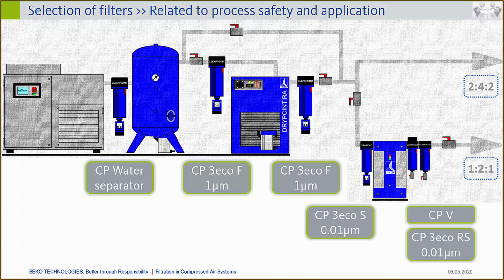That means the water vapor can easily be condensed inside the fridge dryer. But the time to transfer oil vapor into oil condensate, or let's say into liquid oil, is far longer than the time which is required for water vapor into water condensate. So that's the reason why the fridge dryer has just a little influence on the oil vapor carryover into the downstream system.